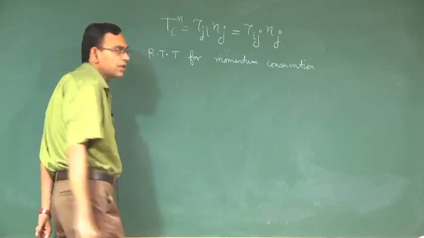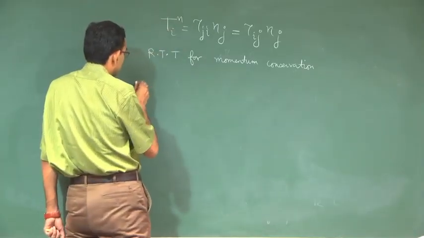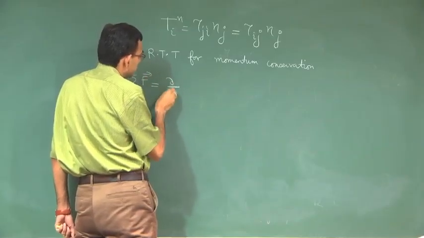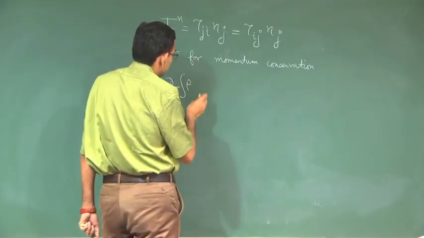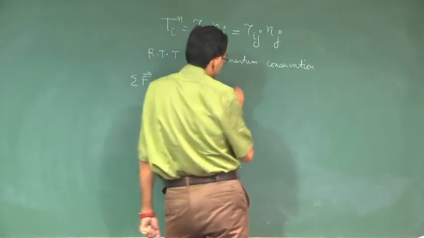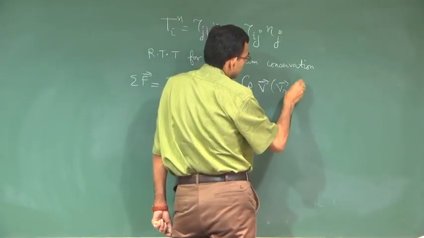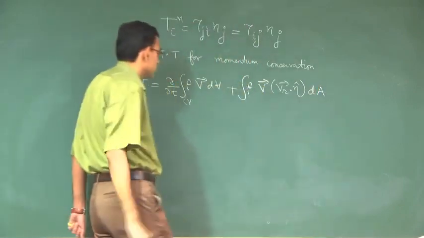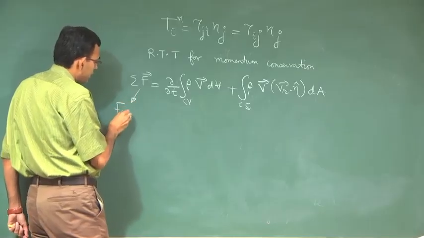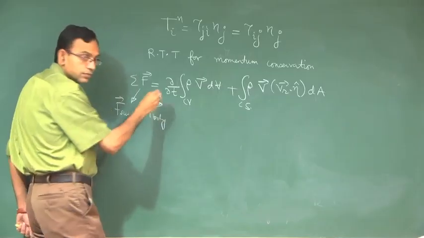For momentum conservation, if we are interested to write the Reynolds transport theorem, we will write resultant force, and this is F surface plus F body, right.